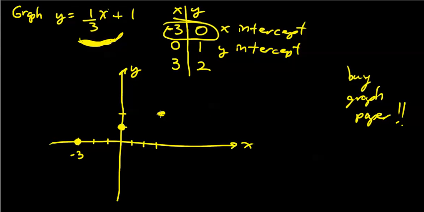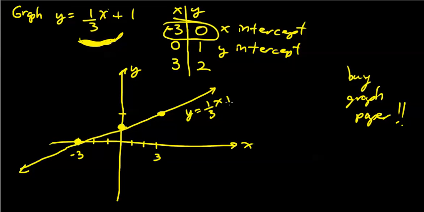And it looks like these points are collinear. I'll connect these dots, and again label the axes, and label the line with the equation that generates it. Okay?